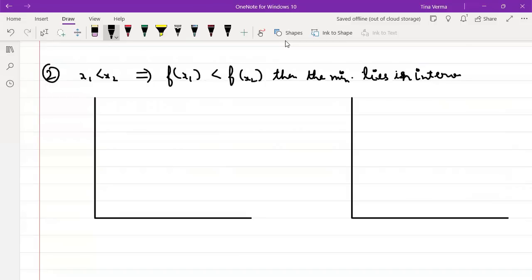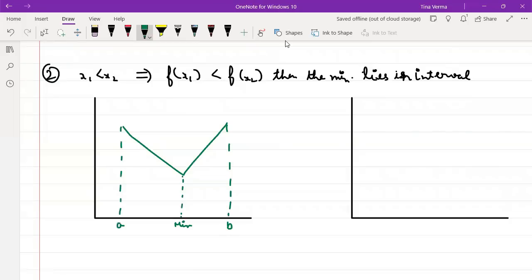So we are finding the minimum. So we have, this is the minimum value, right? And this is my interval A, and this is my interval B. And we have this, here we can also have two possibilities.